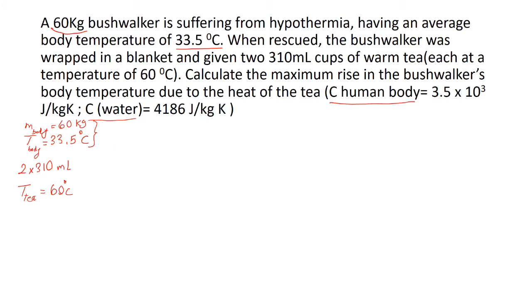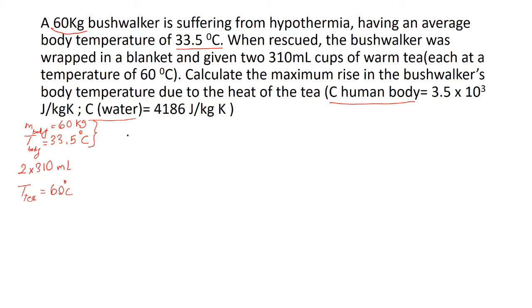So again, like the last question, the amount of heat is equal in magnitude, but definitely this one is negative because it's losing energy, and this one is positive because it's gaining energy.